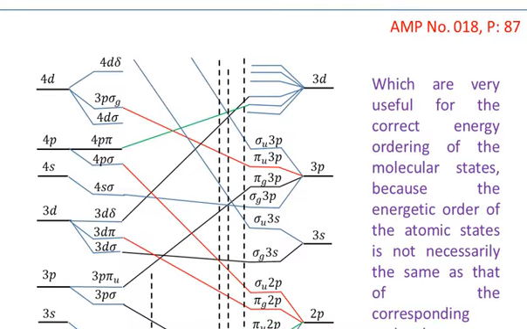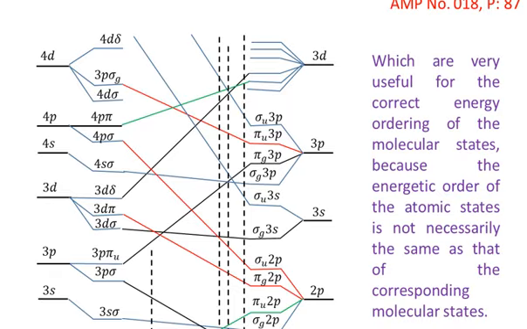On the left hand side you have the diagrams of the united atoms. For example, 3s, 3p, 3d, 4s, 4p, 4d, and these are the levels, that is 3sσ, 3pσ, 3pπ, 3dσ, 3dπ, 3dδ, 4sσ, 4pσ, 4pπ, 4dσ, 4dδ.